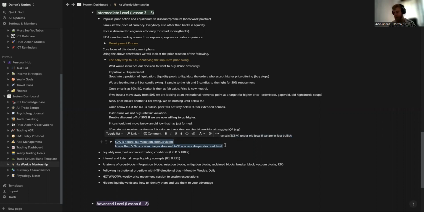But basically, what fair valuation essentially means is that when price is at 50%, price is referred to as being neutral. So when price is neutral, it's at the equilibrium point, and it's neither in a premium nor in a discount. It is neutral. So above neutrality sits premium, below neutrality sits discount.